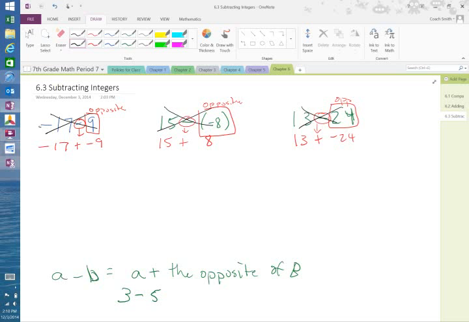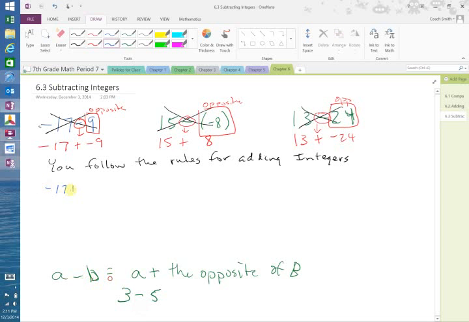Now, you follow the rules for adding integers. So I'm going to rewrite that problem. Negative 17 plus negative 9. When I have two negative signs, what do I do?